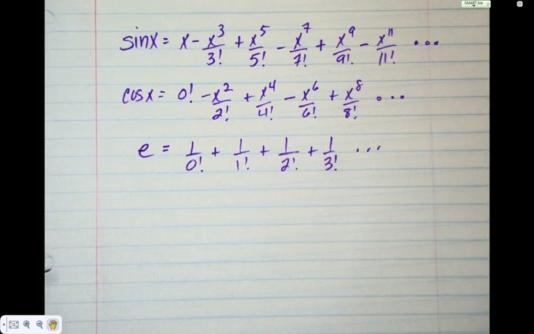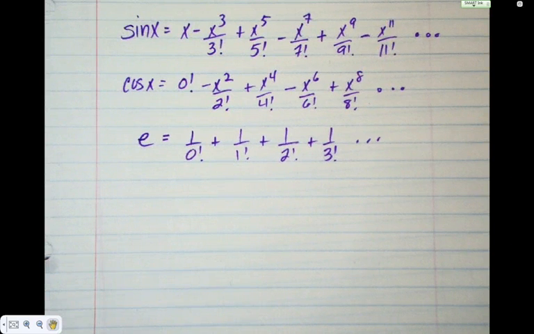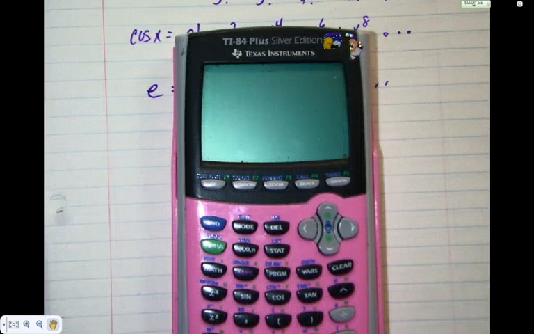But isn't 1 over 0 factorial just 1? Yes. And isn't 1 over 1 factorial just 1? Yes. Oh my God. Who figures that out?